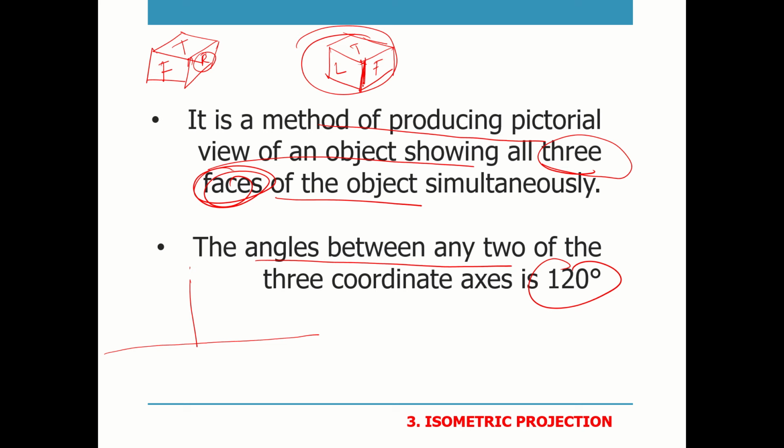This is 1, this is 2, and this is 3. 1 is the height of the object, 2 is the front side length, and 3 is the left hand side length. Let's say this is the height. The angle between these lines should be 30 degrees and this should be 30 degrees.